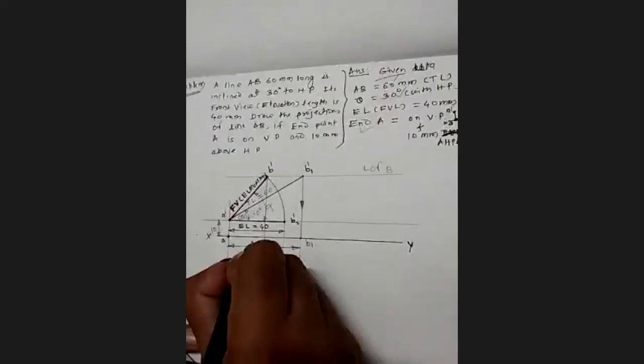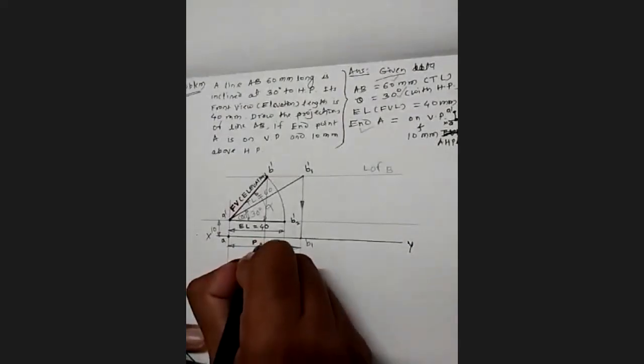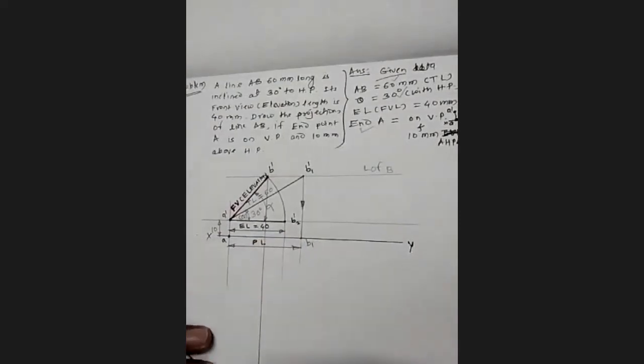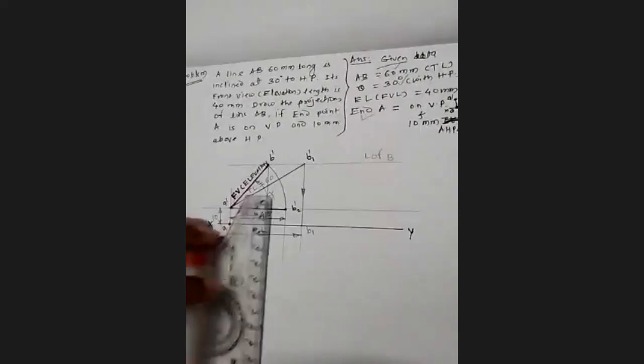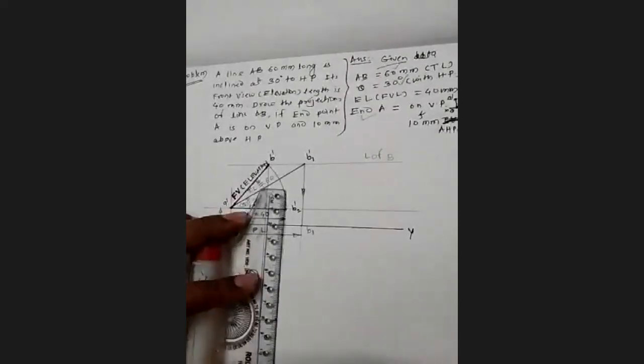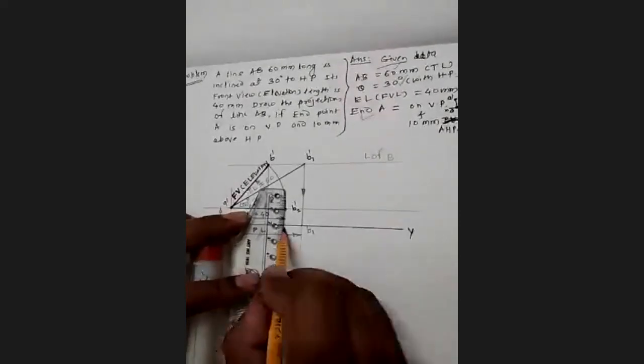How much it is you are going to get? We don't know. Okay, we'll measure it later on. So this length is going to be the PL. Now, as I said, there are two options. I will extend this EL line. You have two options to complete your answer. One, you take 60 millimeter, that is nothing but the true length here.